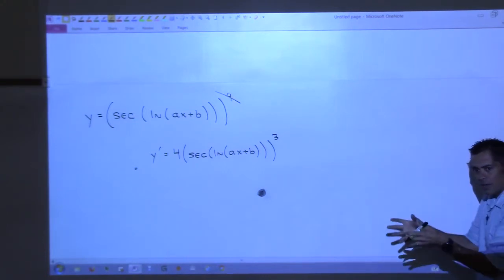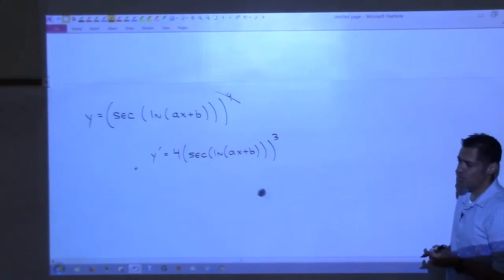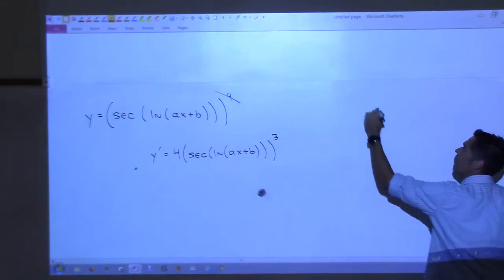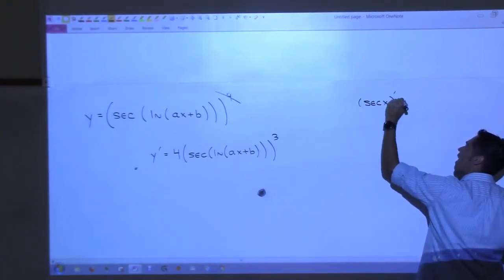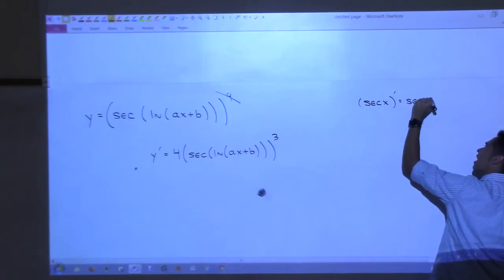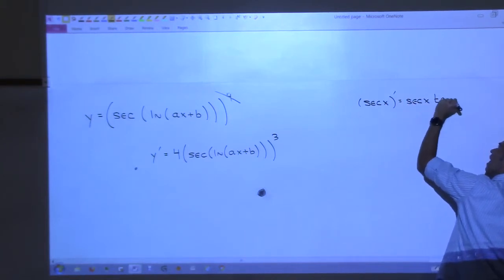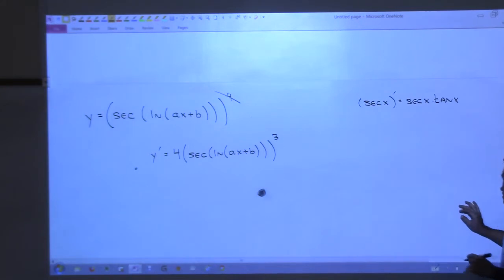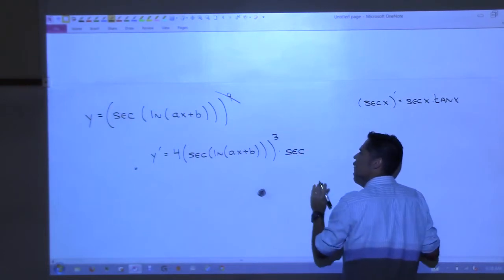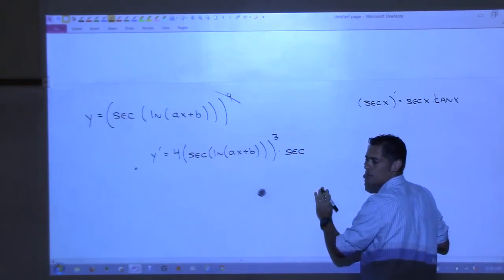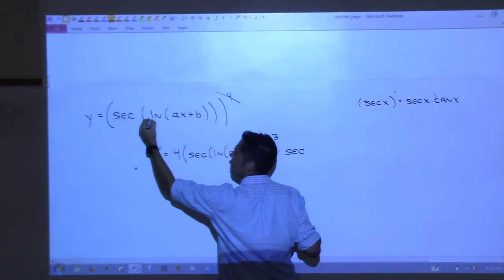What's the next layer inside the chain rule here? Secant. And remember, the derivative of secant x is secant x times tangent x. Right? Secant x times tangent x. So I'm going to have to put here times secant, but not x. Secant of what?